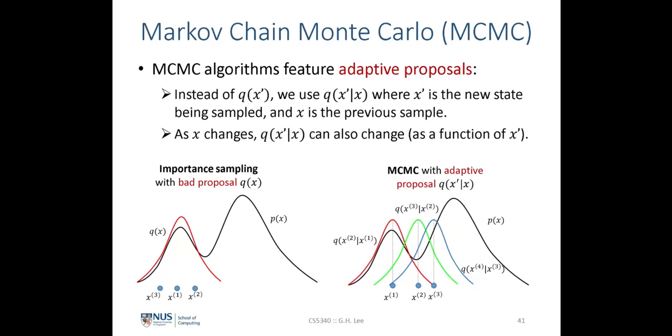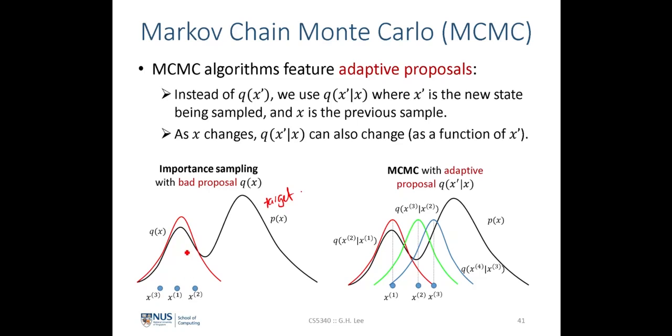And here's an illustration of importance sampling versus MCMC sampling. We saw that the target distribution over here, denoted by P of x, is a bimodal distribution. In the case of importance sampling, suppose that we have the proposal distribution Q over here, denoted by this red Gaussian distribution, and we choose it to be at this particular location.